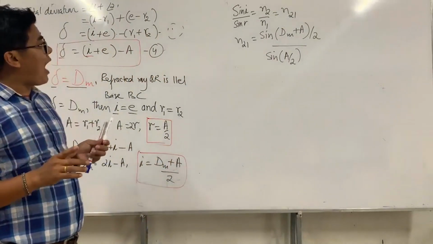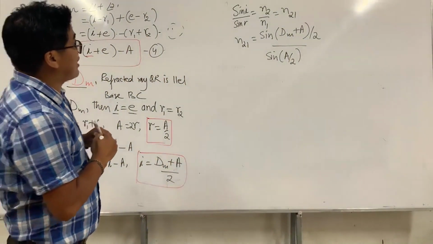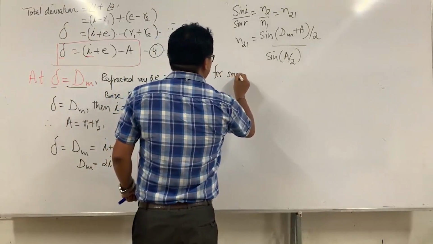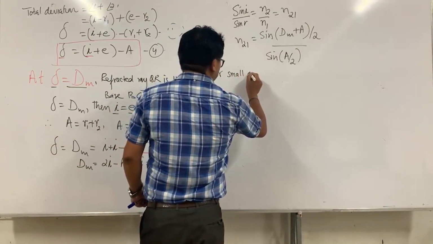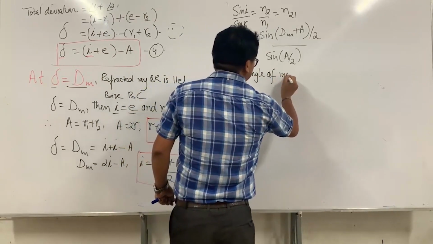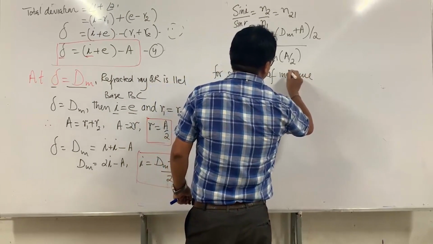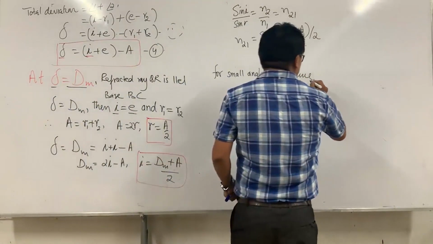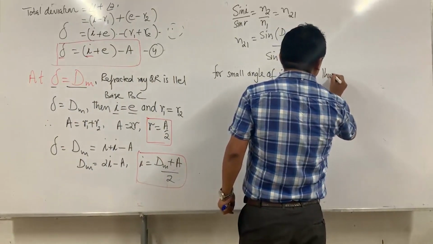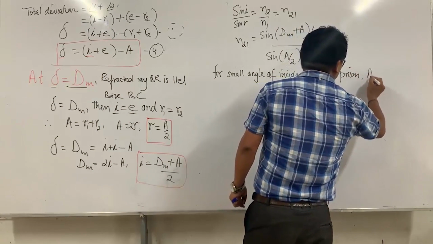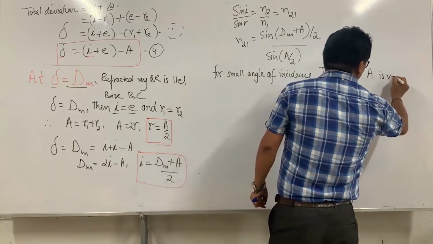Now again I am going to bring in one condition. For a small angle of incidence and for a thin prism, A is very small.